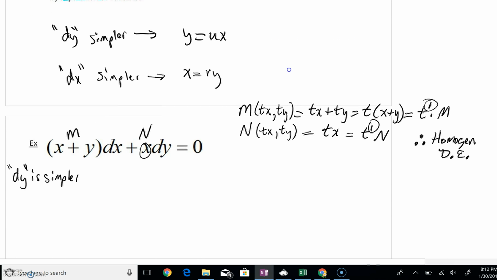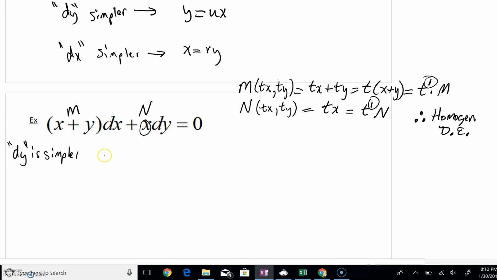Well, it looks like dy was simpler, so we could let y equal u times x. Good practice right now. We could go ahead and take a derivative real quickly with differentials. We could have a dy. Using the product rule, we'd have a u dx. And then we could say x times du.